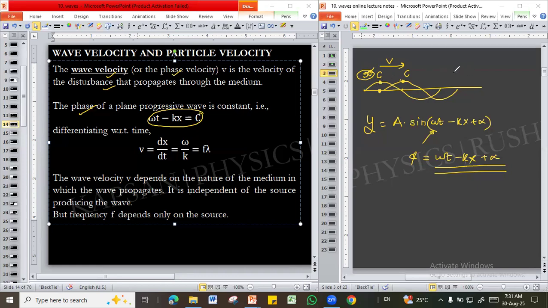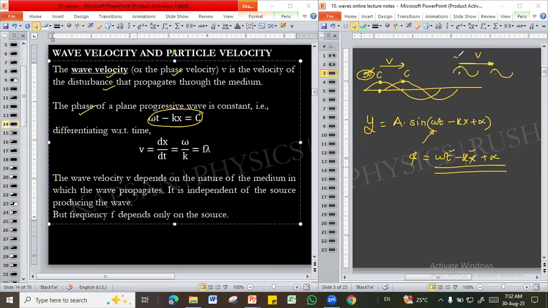Initially, the shape looks like this, meaning this particle is at 90 degrees. After some time, this shape comes here, meaning this particle is at 90 degrees. So to find out the velocity of the wave, you have to make the phase constant. Phase changes with position and time, but to find the velocity of the wave, you should consider any fixed value of phase and check it.